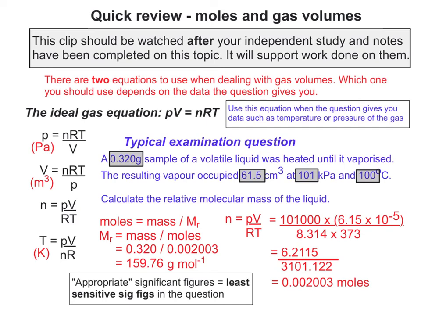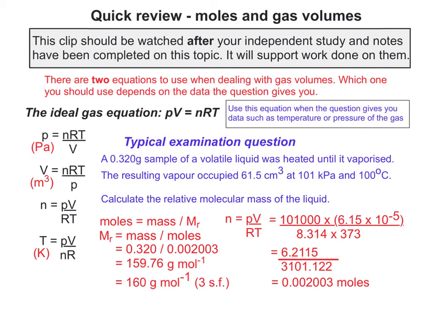So there's no least sensitive in this particular question. So if I was asked to give my answer to an appropriate number of significant figures, I would choose 3 as my appropriate number in this particular case and give 160 because that's the 159.76 quoted to 3 significant figures.